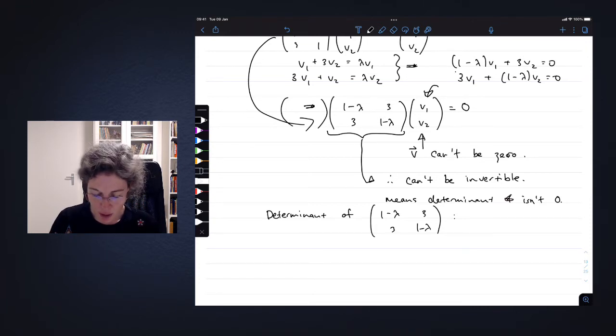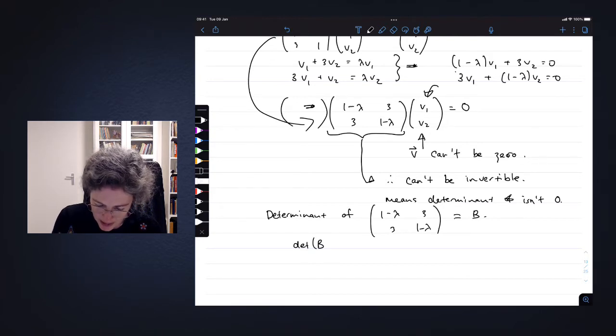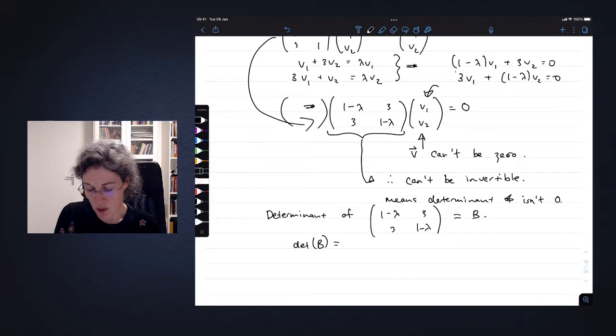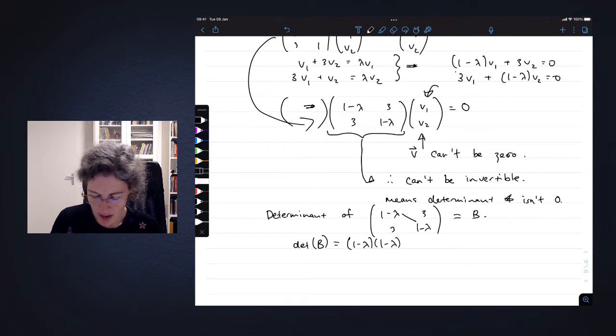For a 2x2, let's just call this thing B. The determinant of B is, for a 2x2, we multiply the diagonal terms. So I've got 1 minus lambda, 1 minus lambda, and then we subtract off the product of the off diagonals, so we get minus 9.